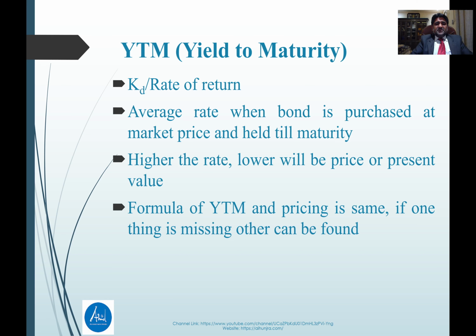There was another part, that is yield to maturity. KD is the rate of return. So the yield to maturity is KD, the cost of debt. It is the average rate of return at which the bond is purchased at market price and the bondholder holds it till maturity.